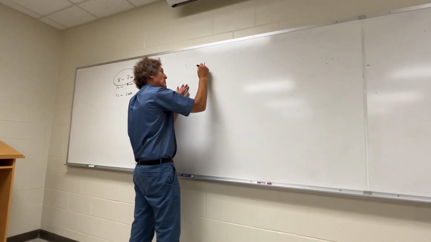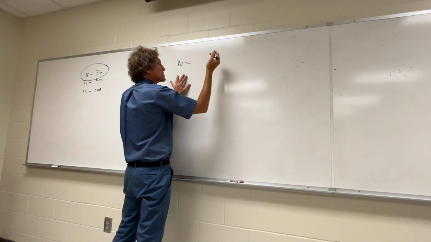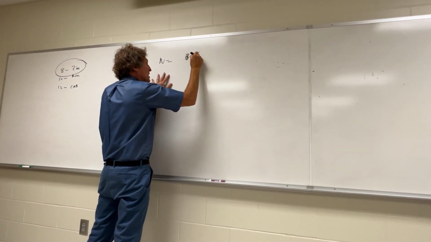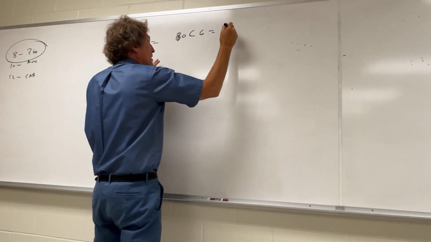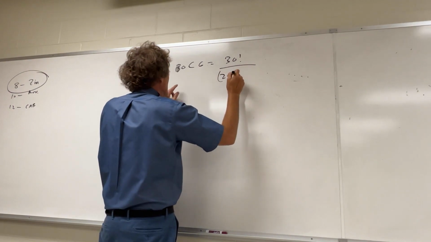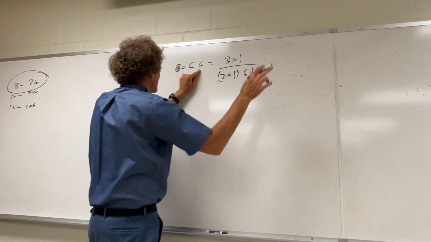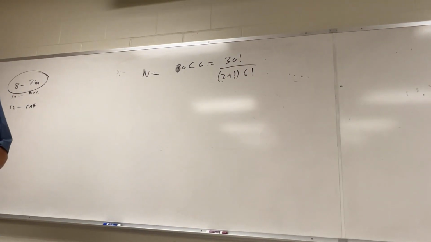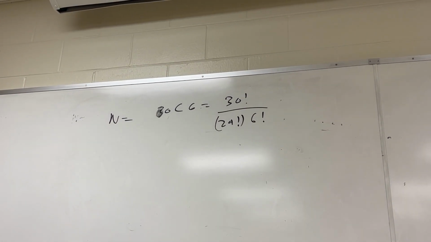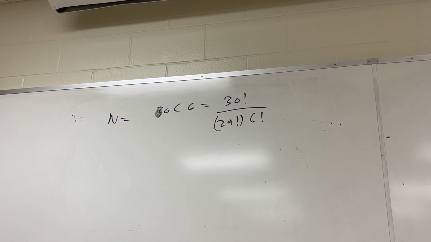So the total number, n, is still going to be equal to 30 combination 6, or 30 factorial over 24 factorial times 6 factorial. That's still going to be the number of possibilities for 6 bottles, right? Now, when you talk about the possibility of all of them being the same.